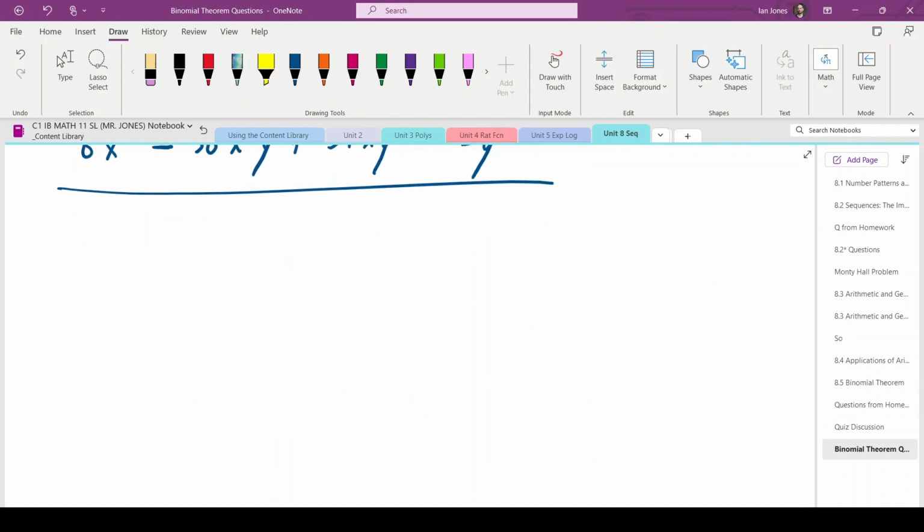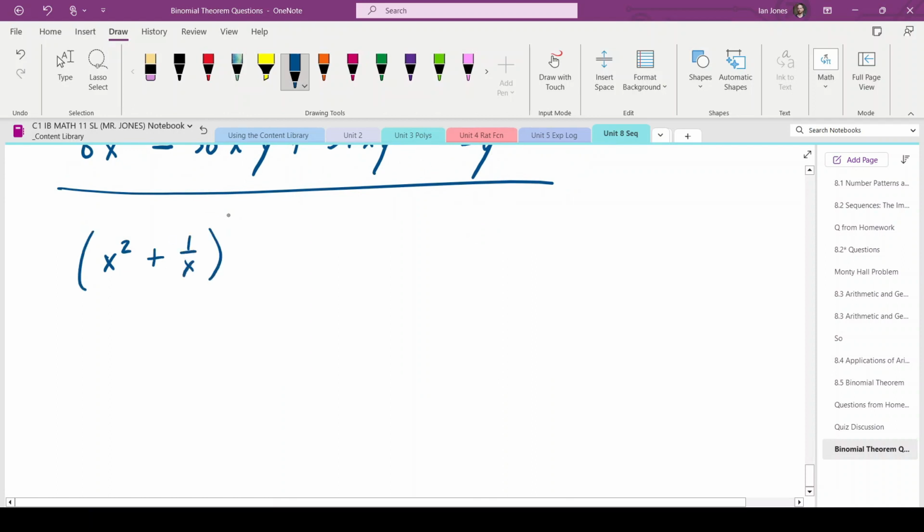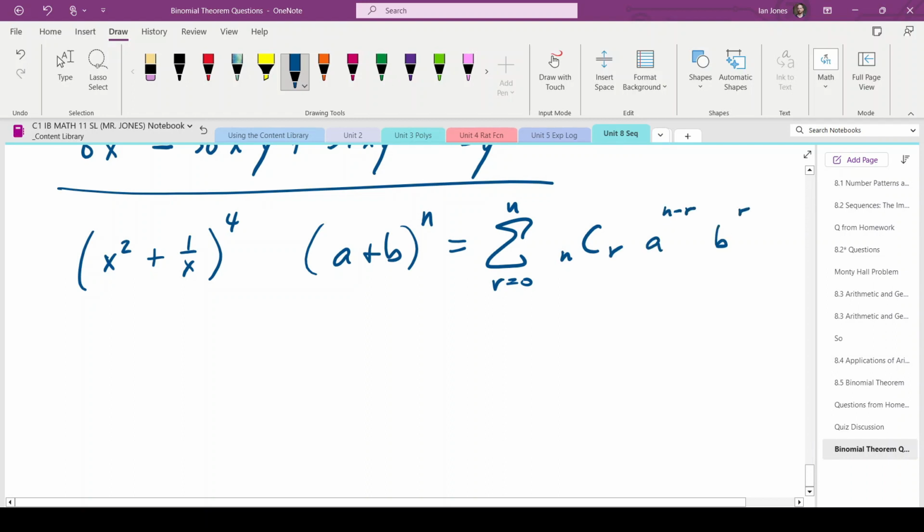Let's do another one. Let's get x squared plus 1 over x to the 4th and expand that using the formula. Again, I would just write it out. I'd go a plus b to the n is the sum, r equals 0 up to n, n choose r, a to the n minus r, b to the r, and I'd summarize what I have.